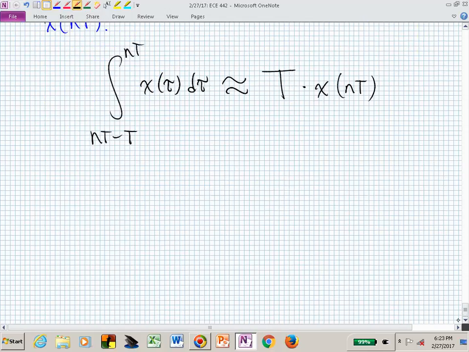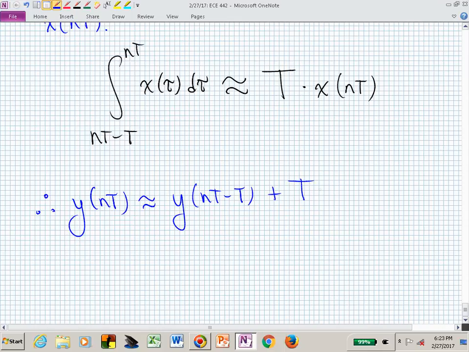And now you know the drill. What do we do now? Now we can find another difference equation that approximates this area under the curve. It's now y of nT is approximately y of nT minus T plus T x of nT.